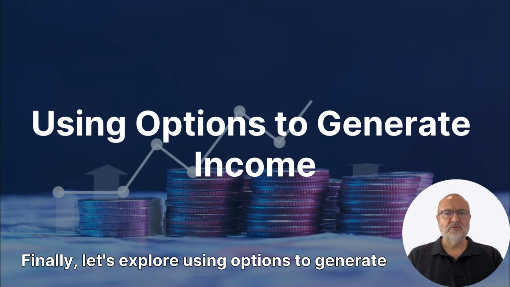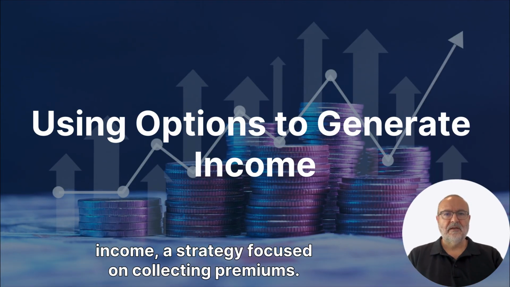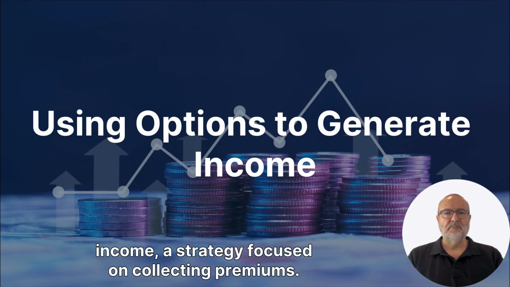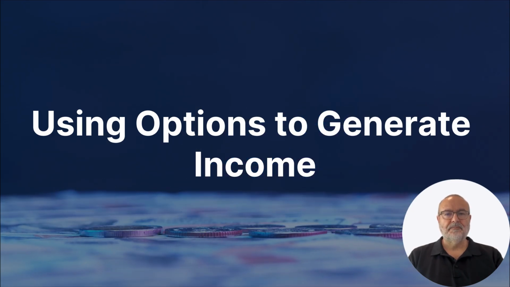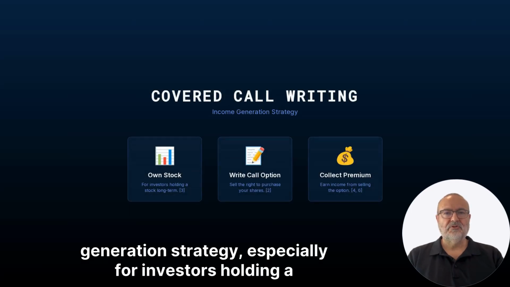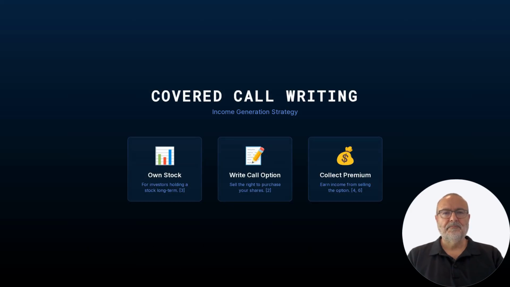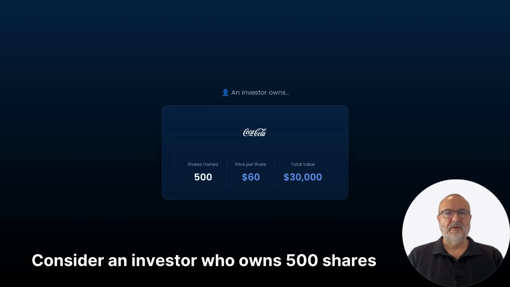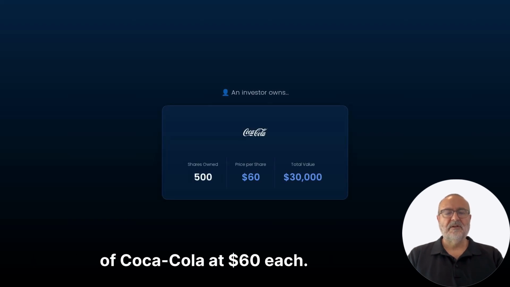Finally, let's explore using options to generate income, a strategy focused on collecting premiums. Covered call writing is a popular income generation strategy, especially for investors holding a stock long term. Consider an investor who owns 500 shares of Coca-Cola at $60 each.